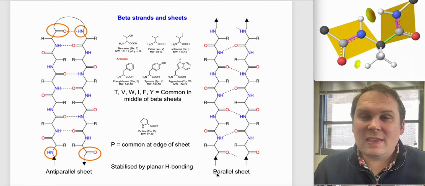Prolines, once again, are going to introduce a very strong right-handed bend. So prolines are not going to be allowed in the middle of a strand, because you can't be bending sharply to the right and extended as far as possible. What you find are prolines at the end of sheets, and they will often make a little turn. You'll have prolines in the orange circled positions.